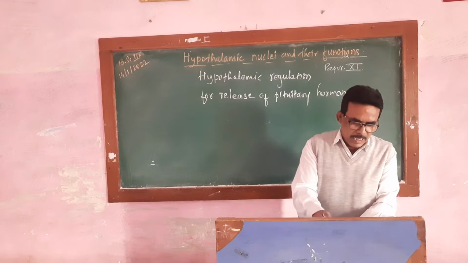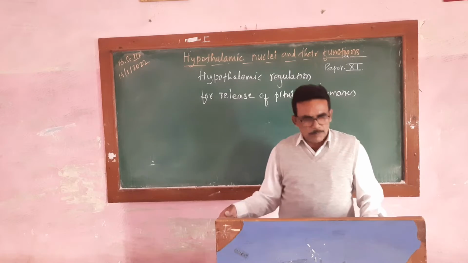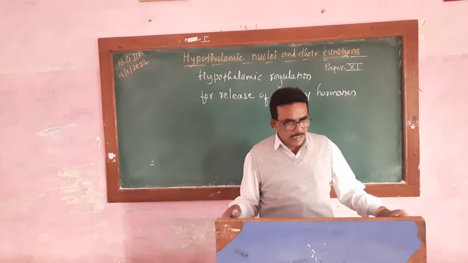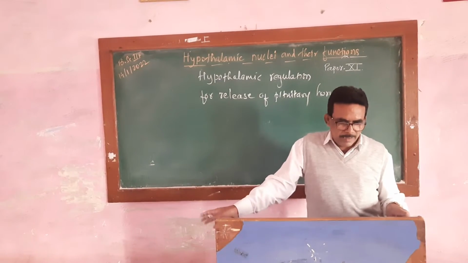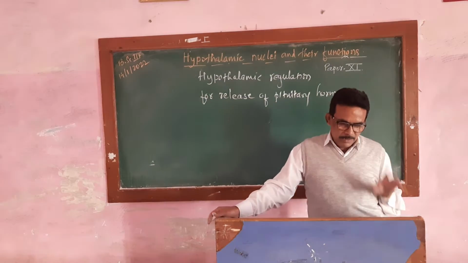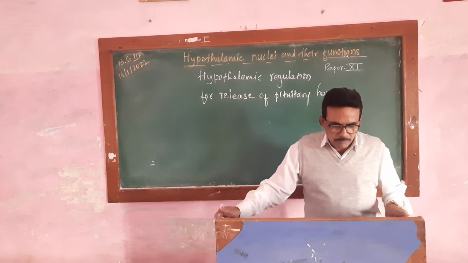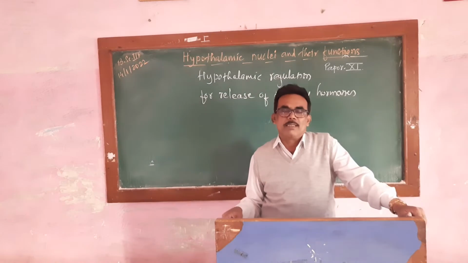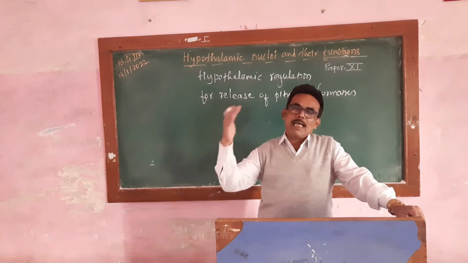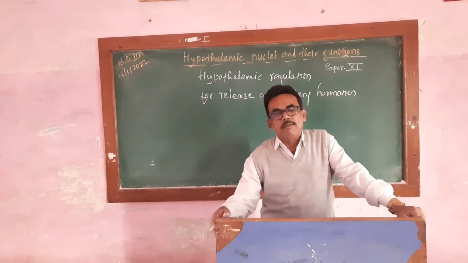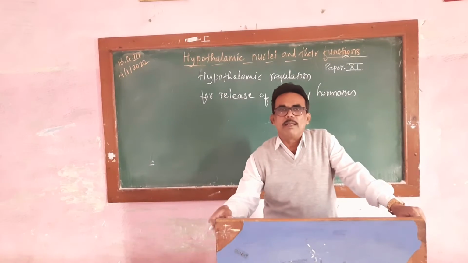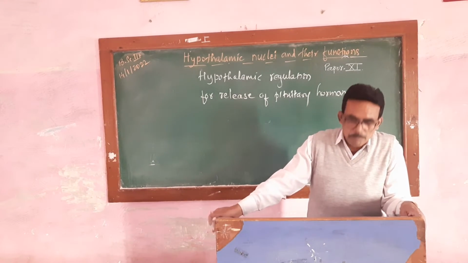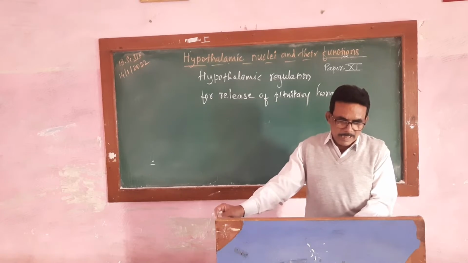And these factors are secreted into the blood of the hypothalamic hypophyseal portal system, and that is transported to the venous sinuses, and finally into the bloodstream of the adenohypophysis.